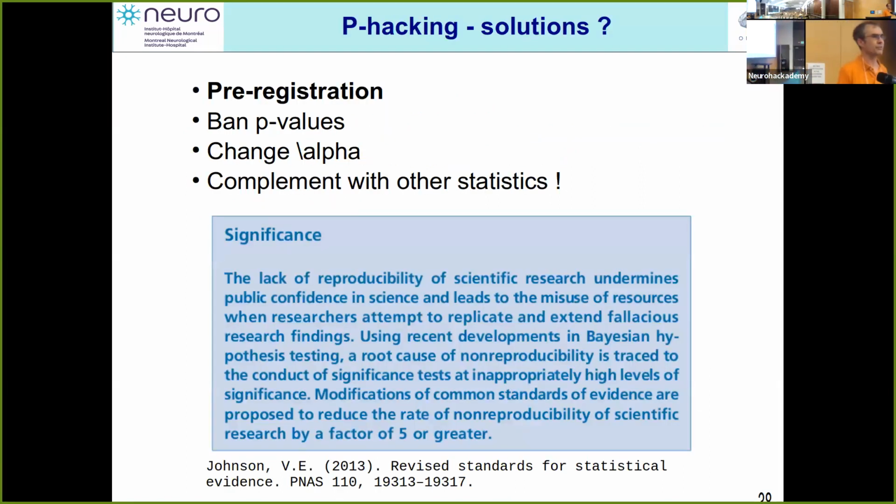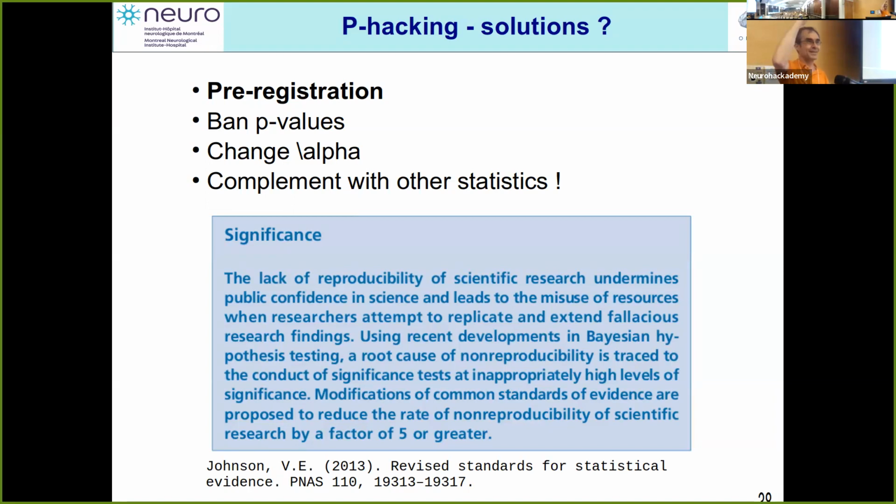So what's the recipe for how you curb that problem? The easy way to do it is pre-registration. You tell exactly what you're going to do and how you're going to do it in a pre-registration. You can't actually play with the model, play with the data.